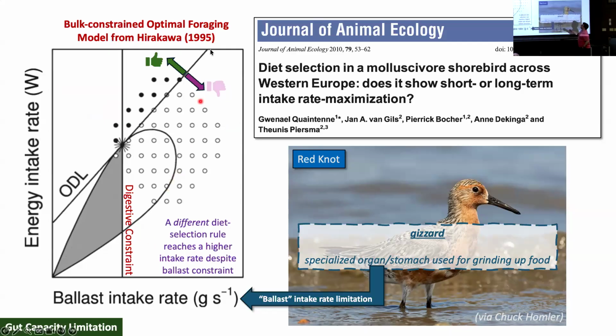And it ends up shifting this optimal diet line so that all of these dots, and these are things that it could be eating, everything above the line it eats, everything below the line it ignores. And in this model, which takes into account ballast intake rate, you get a violation of the 0-1 rule. In fact, some of the prey you flip a coin to eat.